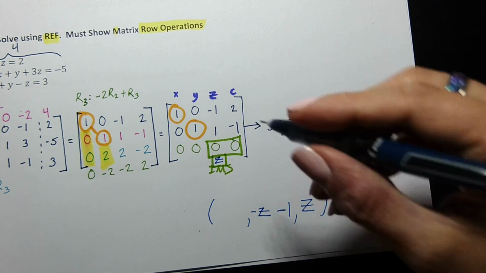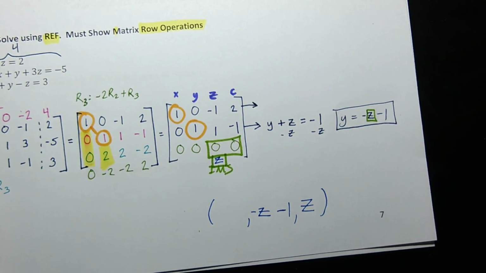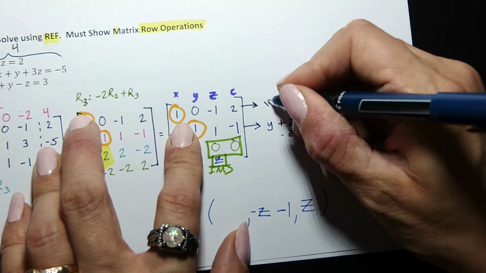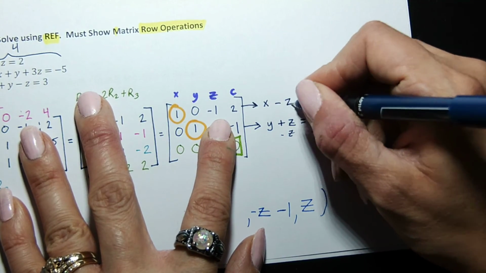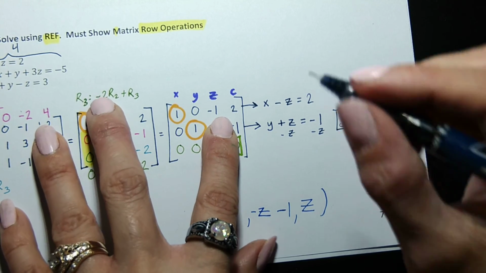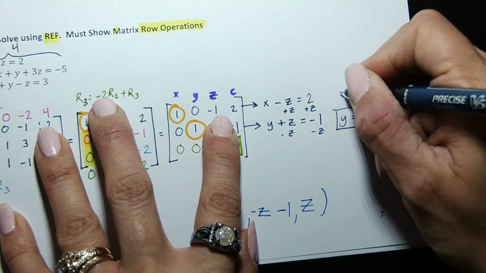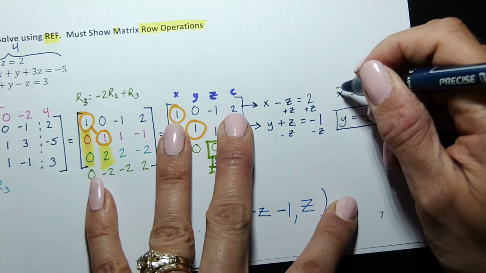So to get an expression for x in terms of my reference variable, we do the same thing. We turn this row back into an equation with variables. So 1x plus 0y minus z equals 2. So to get an expression for x in terms of z, we're going to add that z over so that x equals z plus 2.